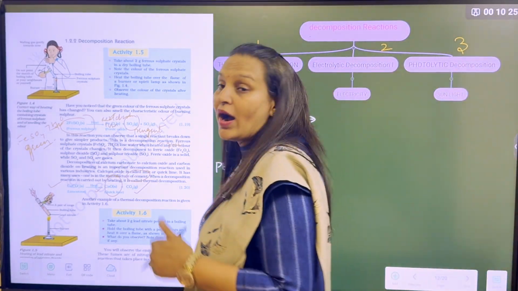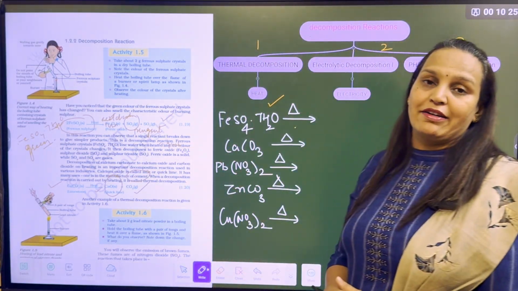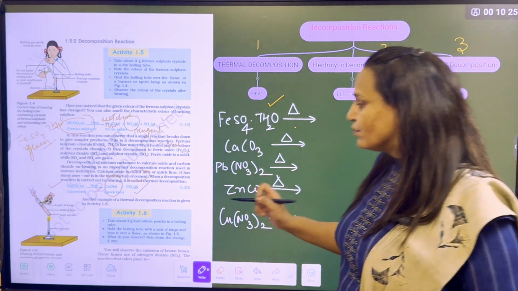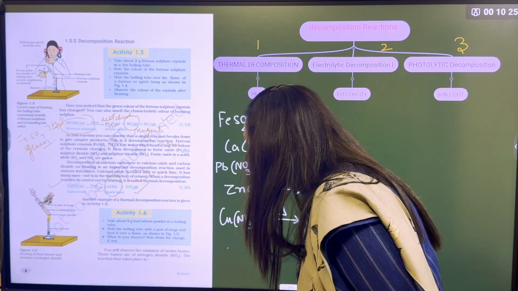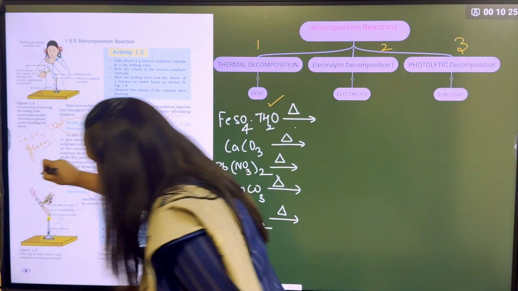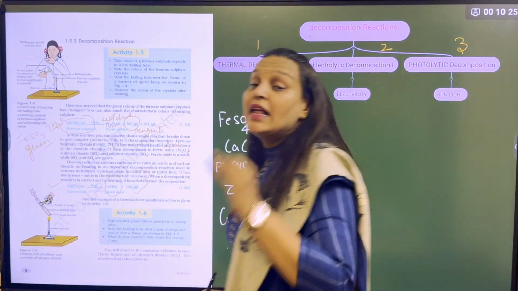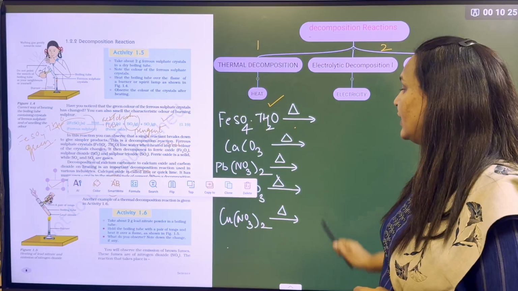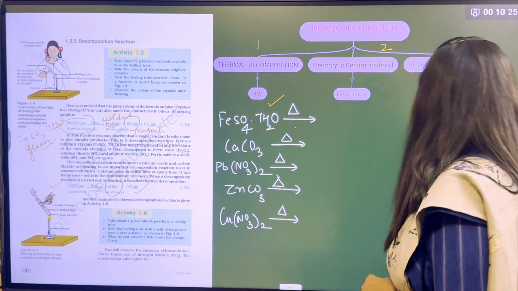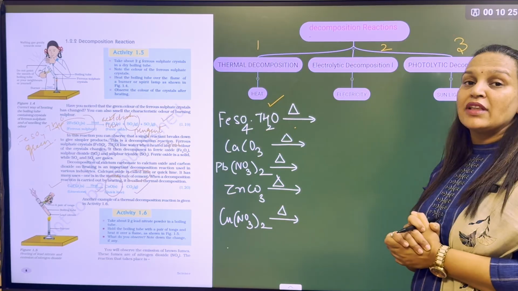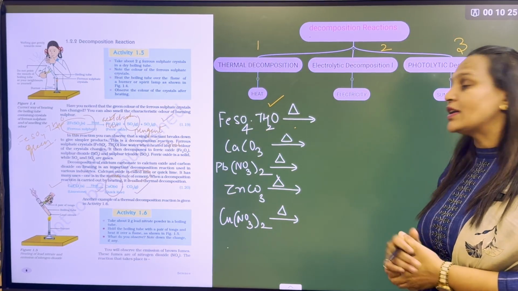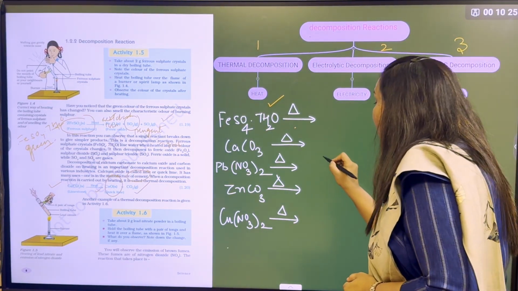And the third most important reaction of thermal decomposition is, I will show you guys, this diagram. This is the thermal decomposition of lead nitrate. Do you remember, when the lead nitrate undergoes thermal decomposition, what does it form? Can we write quickly?